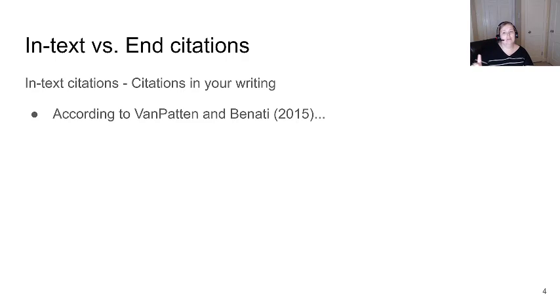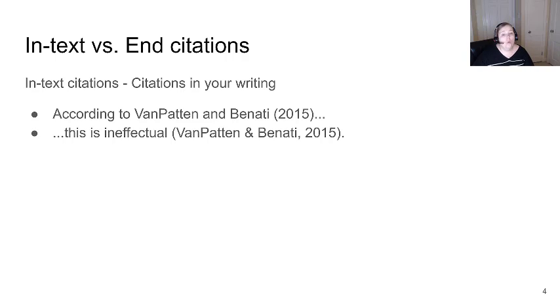I would say, according to so-and-so and so-and-so and the year, right? Or if I wanted to talk about their general opinion about something and said, oh, research suggests it's ineffectual, parentheses, and then I can cite them directly. In that case, I'll give you more clarity on the distinction between these two examples. Sometimes the person or people show up in the sentence itself outside of parentheses, and sometimes they're in them.